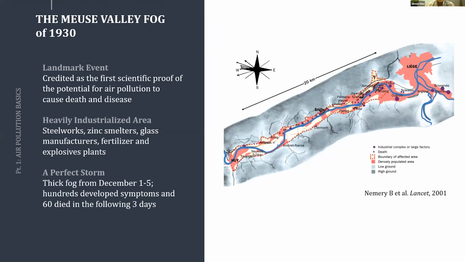For a 5-day period between December 1st and 5th of 1930, the weather conditions were just right, so to speak, such that emitted gas from these factories really accumulated in this corridor between Liège and Huy. As a result of this, hundreds developed symptoms and 60 were reportedly dead in the following 3 days. So again, this is kind of the first major scientific proof of the ill effects of air pollution.